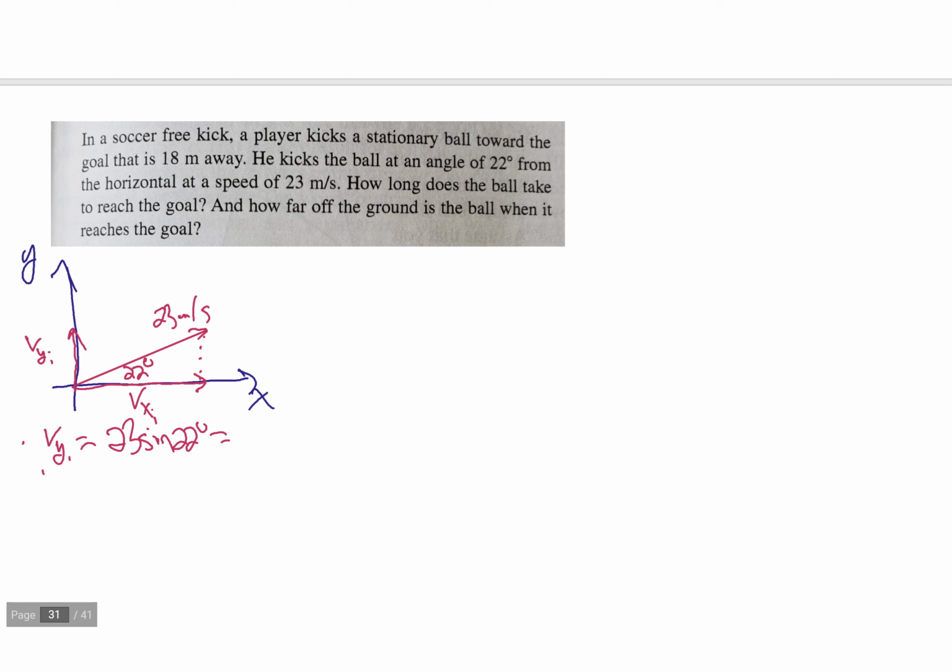And then for v sub x initial, it's the same idea, except now it's going to be cosine. If I multiply both sides by 23, I'll have 23 cosine 22 degrees, and when I multiply that out, I'll have v sub x initial. So we need to do those two things.